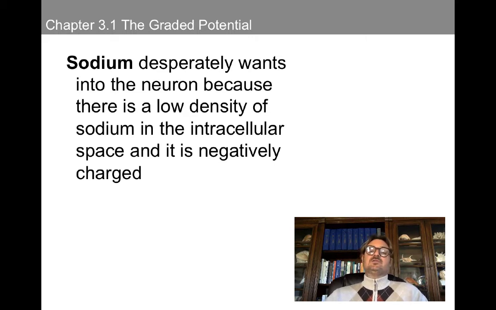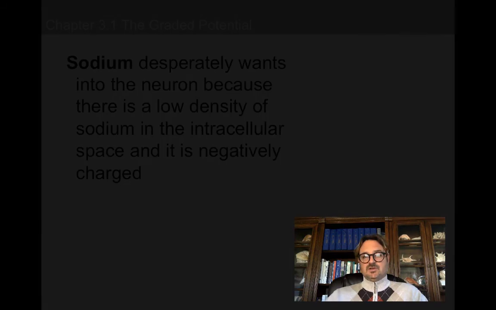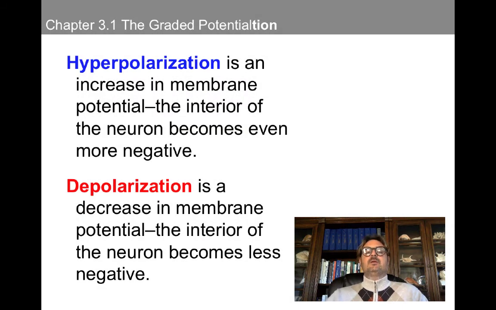It's a cation, so it's drawn to the negative charge of the intracellular space. As cations and anions are transferring from the intracellular space to the extracellular space, we're going to need these 2 terms to make ourselves aware of and to be able to describe the fact that the membrane potential is going to increase and decrease. The charge is constantly going to be fluctuating.